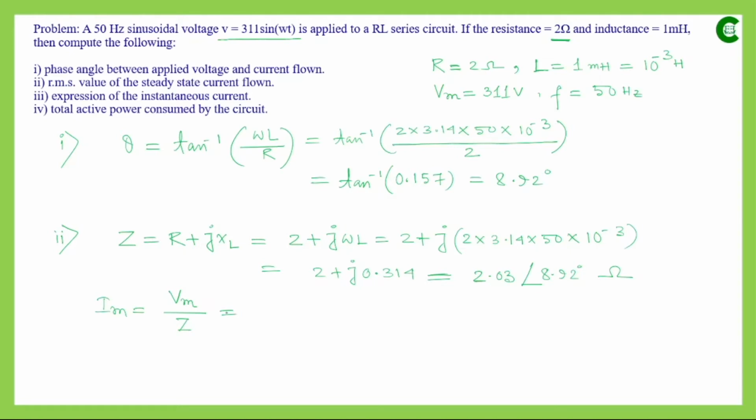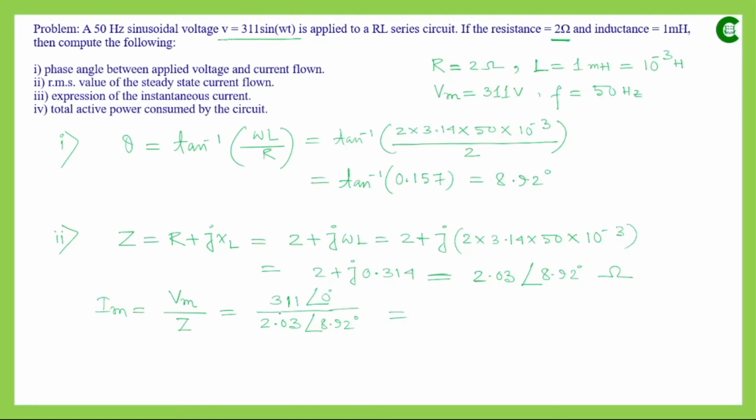The peak value of the voltage is given as 311, so it will be 311 divided by the impedance value, which is 2.03 at angle 8.92. It is in polar format already, and since we are dividing, we don't have to convert this. And 311, since it doesn't have any angle, can be taken as 0 degree.